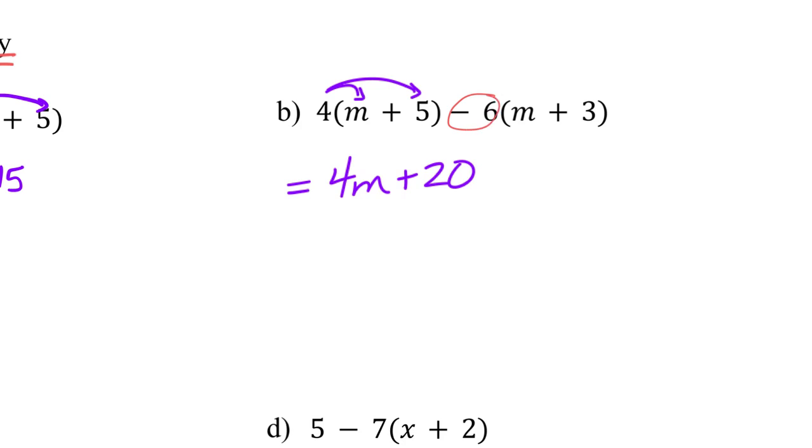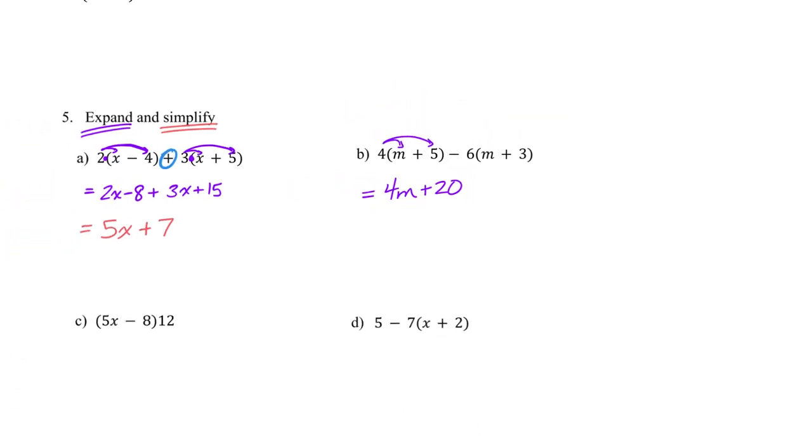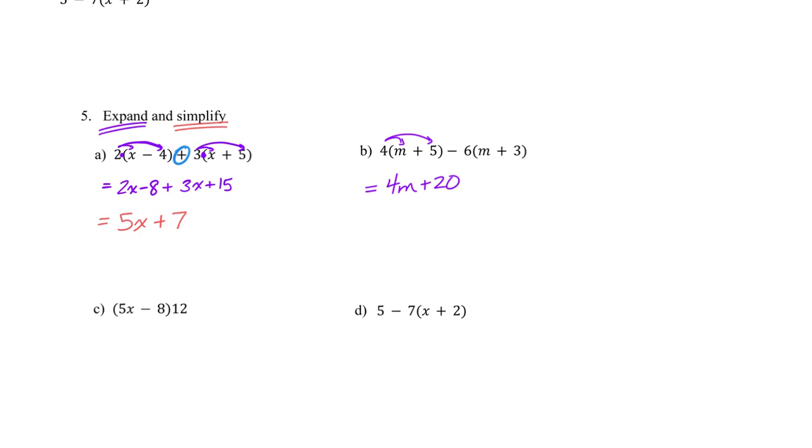You remember, the sign of every term is the sign that's out in front. So I could view that subtraction as also the sign on the 6. And if I do that, then I can expand in a -6. So -6 times m and -6 times +3 is a -18.